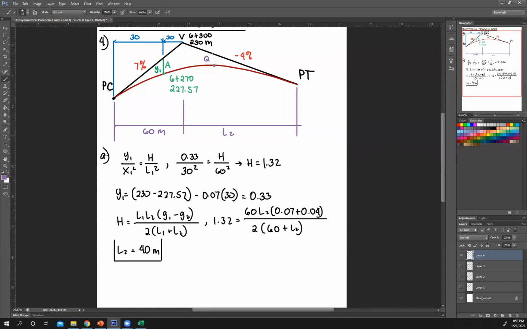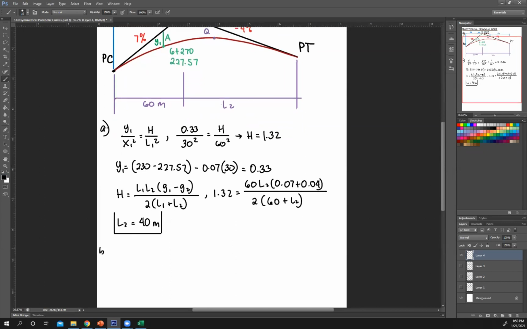So to get the stationing of Q, all you need now is to figure out S2. Station of Q, use what's given.